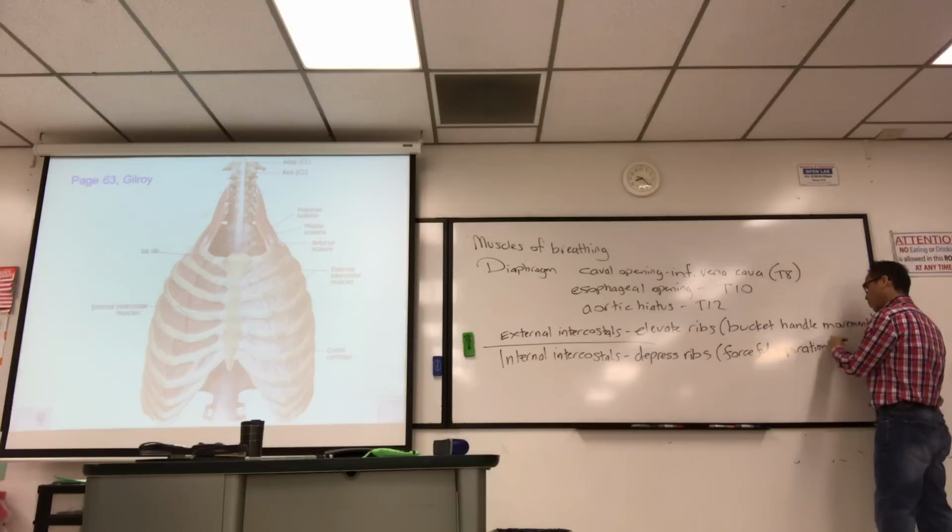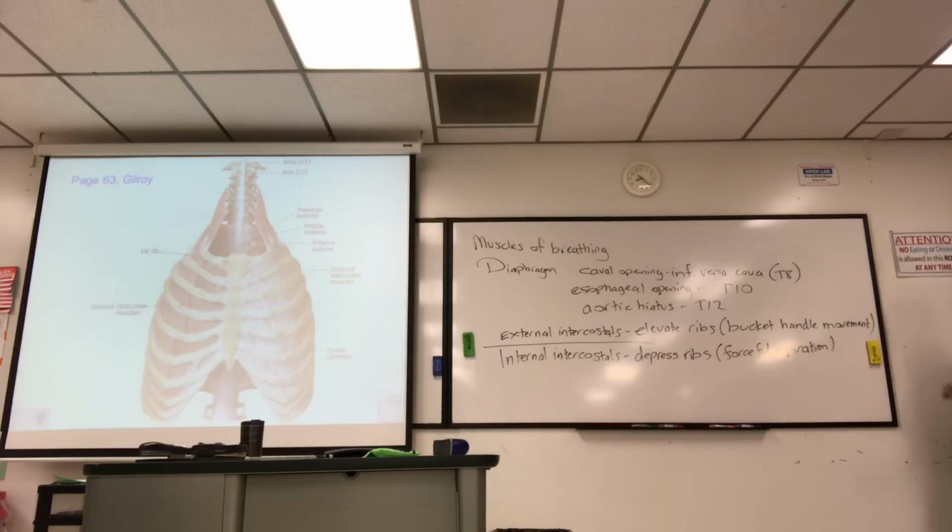Because during normal quiet breathing, a breath out is a passive event. You don't need to recruit muscles for that. Just let the elastic recoil of the lungs take over and let the air out with no muscle recruitment. But if you're really huffing and puffing or you have labored breathing, you do recruit muscles like these ones. And actually, any muscle that has an attachment to ribs can be considered an accessory muscle of breathing.